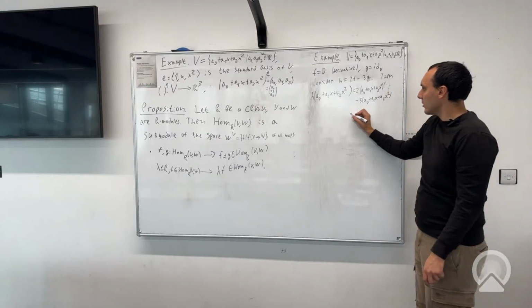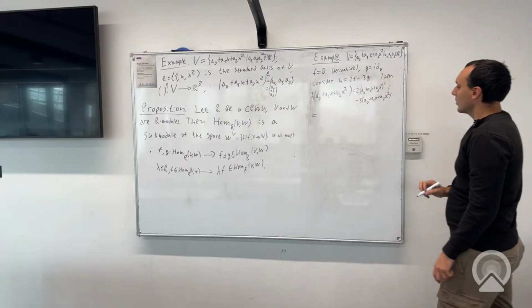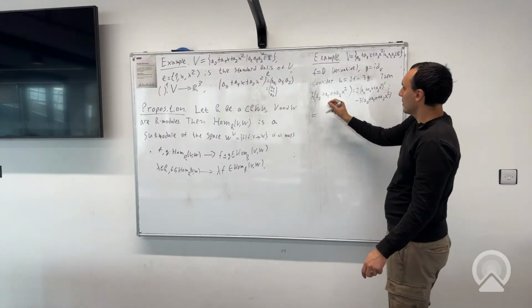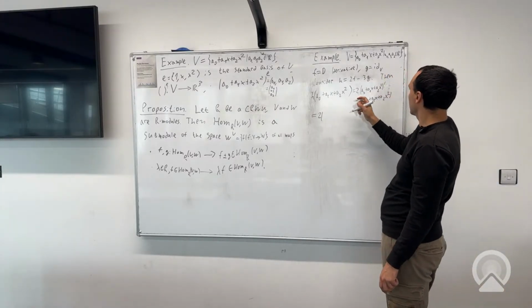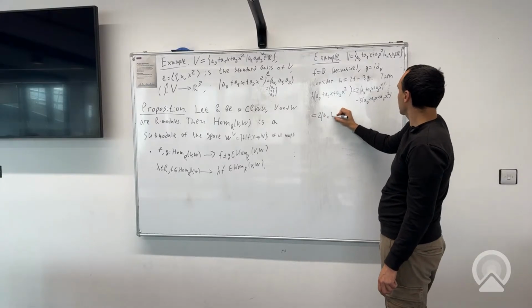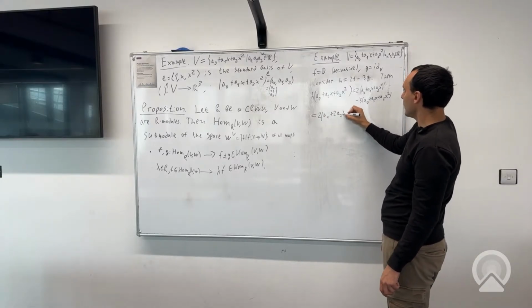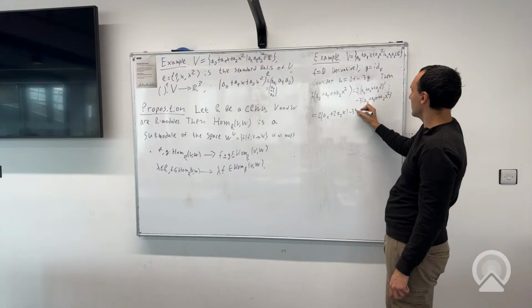And so this linear map will be 2 times a1 plus 2 times a2x minus this thing here.